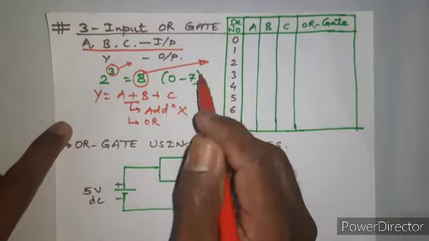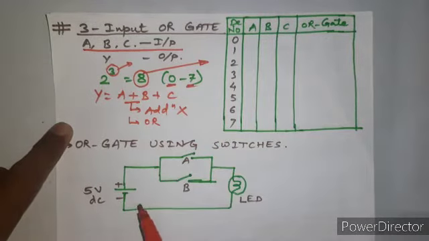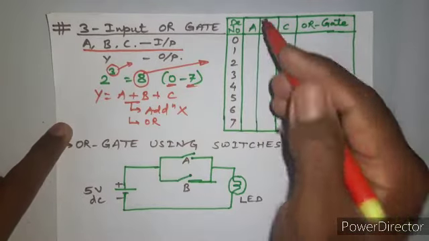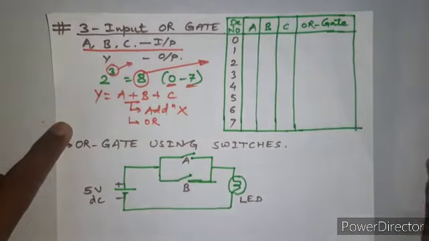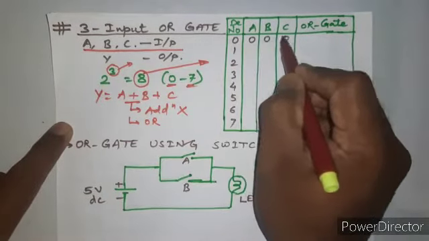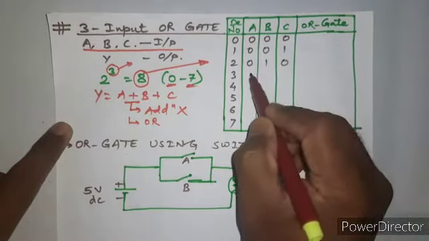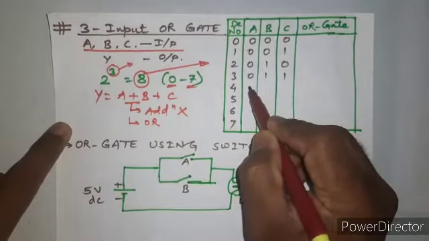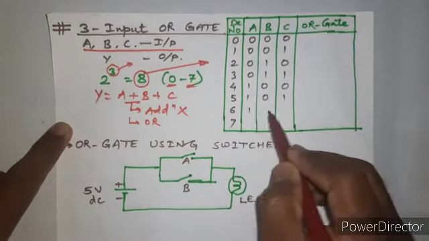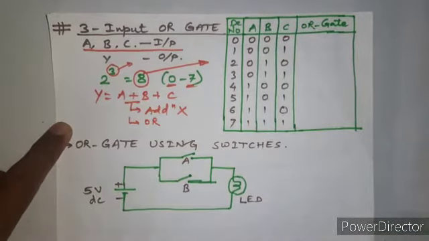We have already discussed that it starts from 0 to base minus 1, so that is what I have written in decimal form. I can write this as 000, 001, 010, 011, 100, 101, 110 and 111.